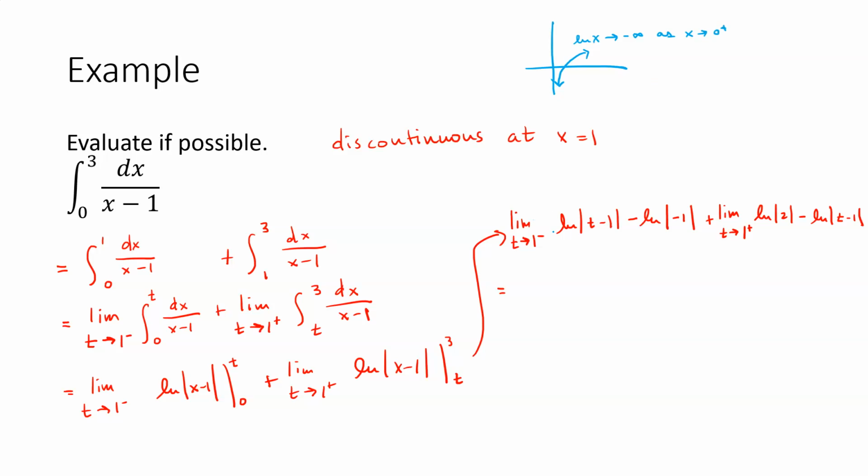So in both this case and this case, it'll go to negative infinity. Since just that piece alone is going to diverge, we can say that overall the whole thing will diverge. So here we'll say divergent.